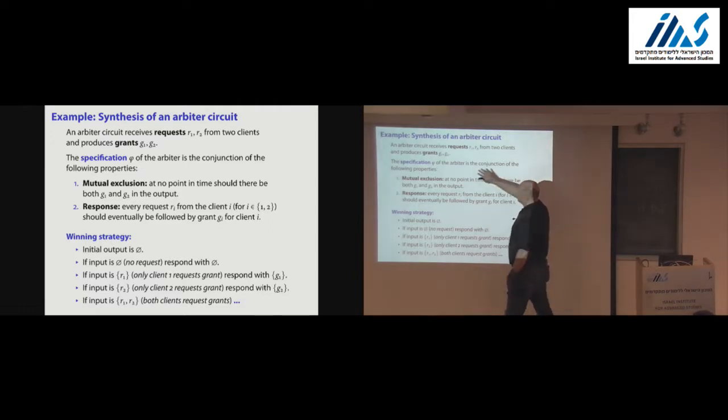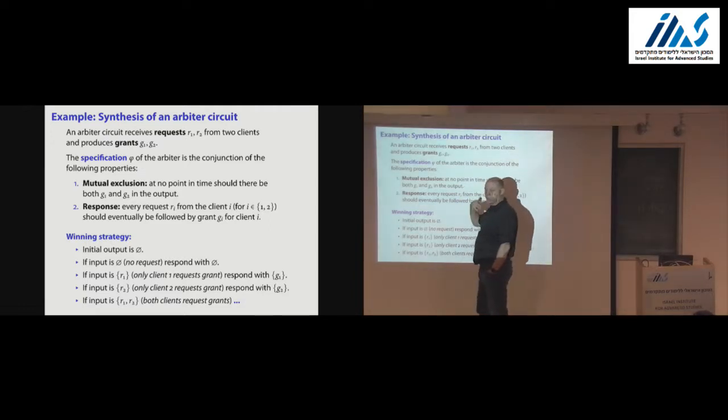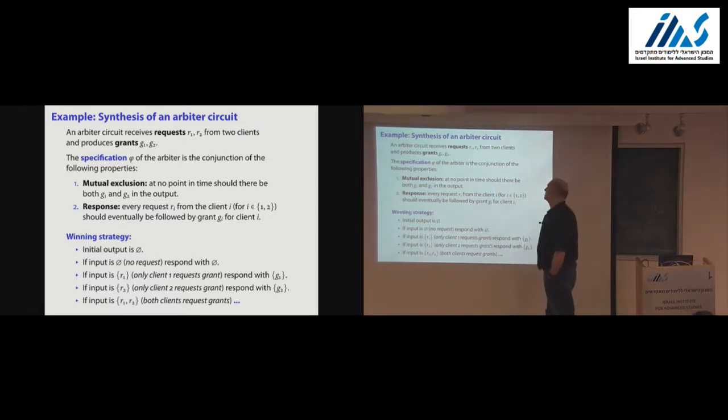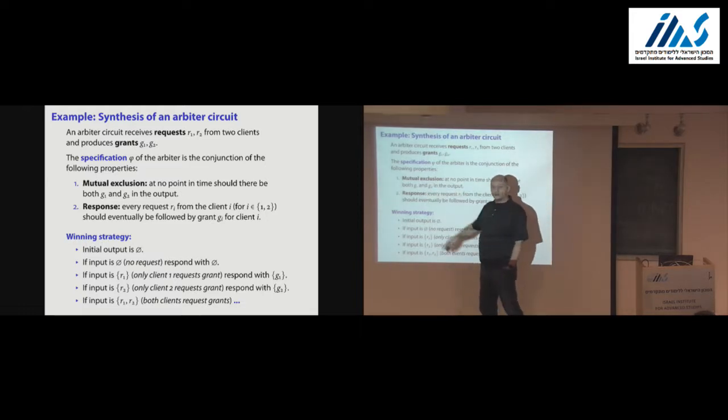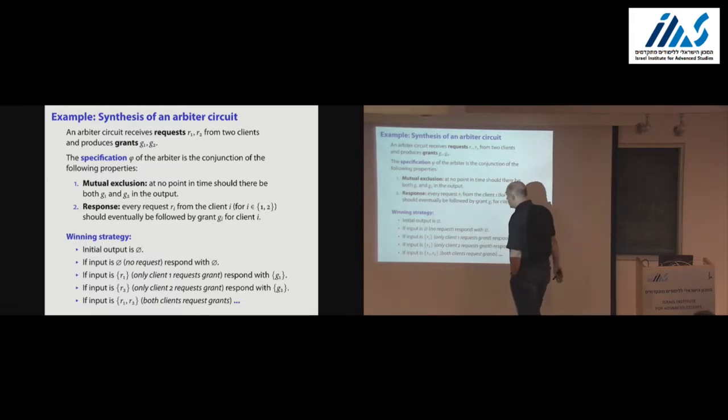And the grants G1 and G2 mean that client 1 and client 2 respectively get access to the critical resource. Now, the specification might be a conjunction of two simple properties. Mutual exclusion. We don't want to give the resource to two clients, right? So it can't be that at some point in time both G1 and G2 are set to true.